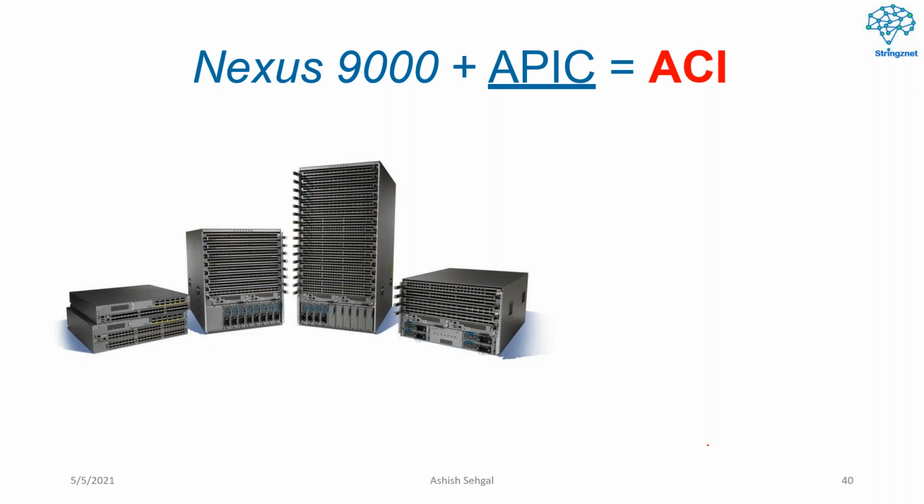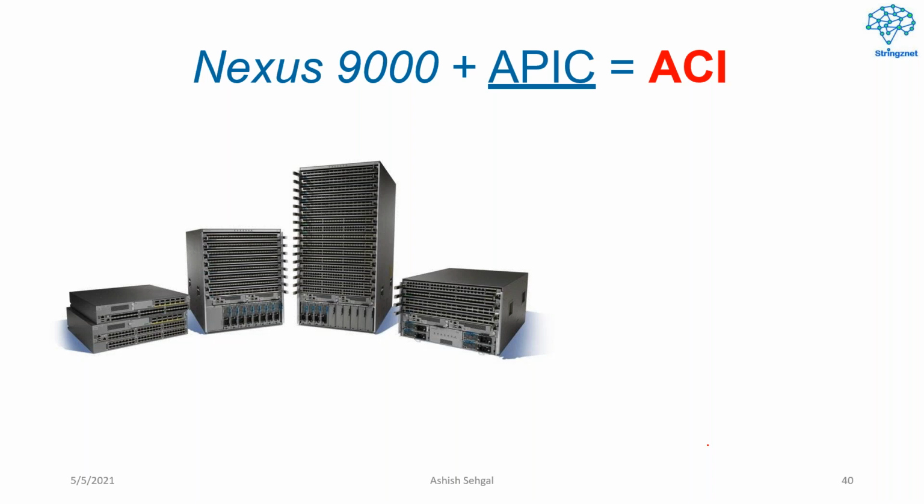There are certain Nexus 9000 series switches which can be installed with either the Nexus operating system or the ACI operating system. There are certain Nexus switches which come only with the ACI operating system.